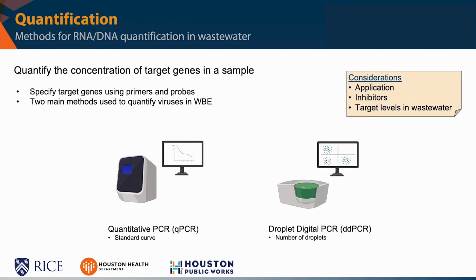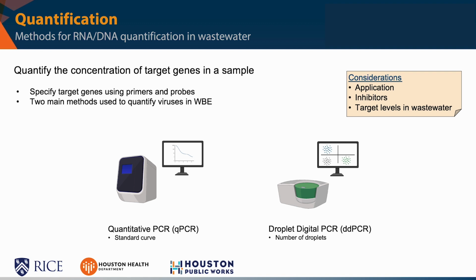Lastly, purified nucleic acid can be quantified in wastewater typically using polymerase chain reaction techniques, or PCR. These methods can quantify specific targets of interest using a set of primers and probes. There are two main PCR methods used in wastewater surveillance.